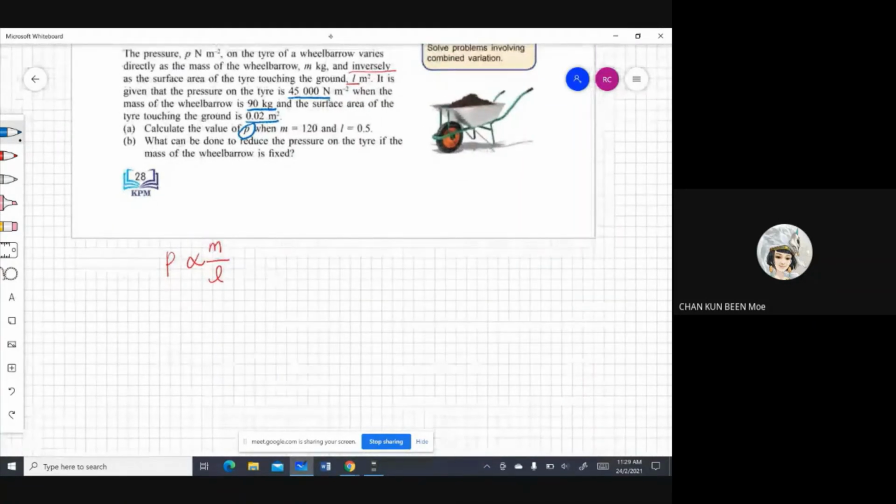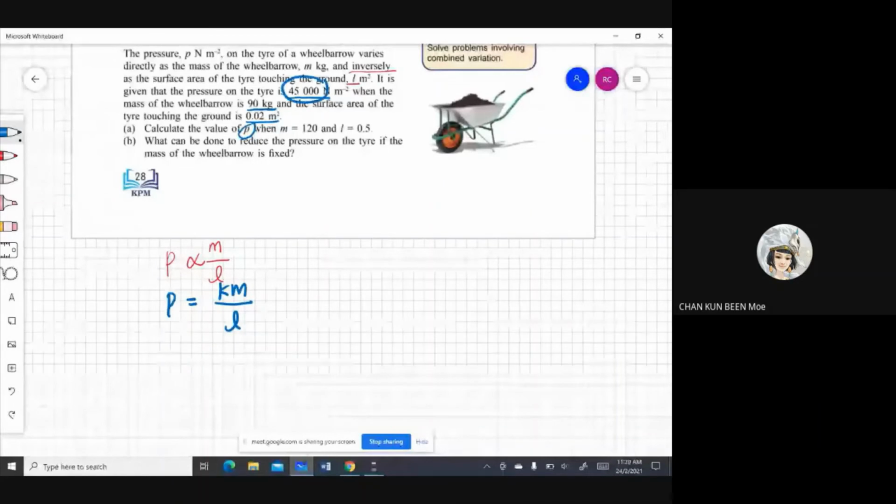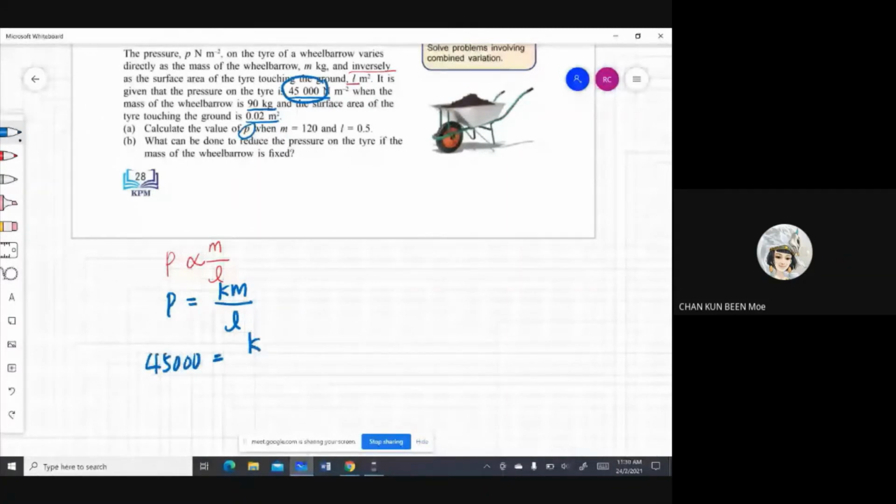Okay, so change this into an equation. It will be P equals Km over L. Then you substitute the pressure, 45,000, equal to K times m. Your m that you have just now is 90 kilograms. That is your mass.